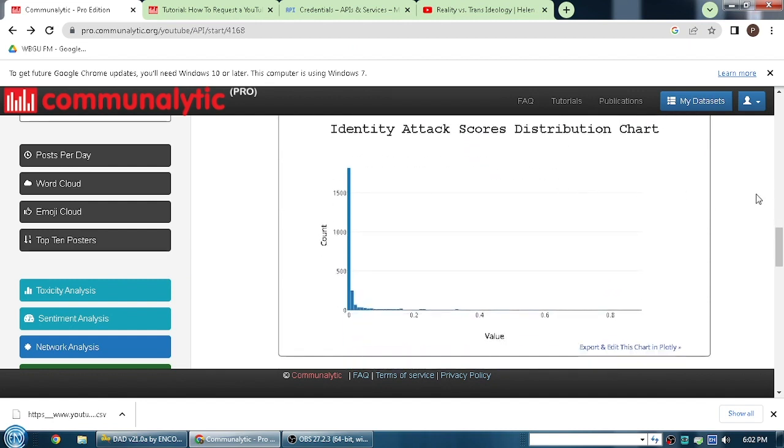Identity attack scores distribution. So not very heavy. And I would assume, again, these are assumptions. I would like to see maybe we compare this to a politician, or, Peter's like an educator.